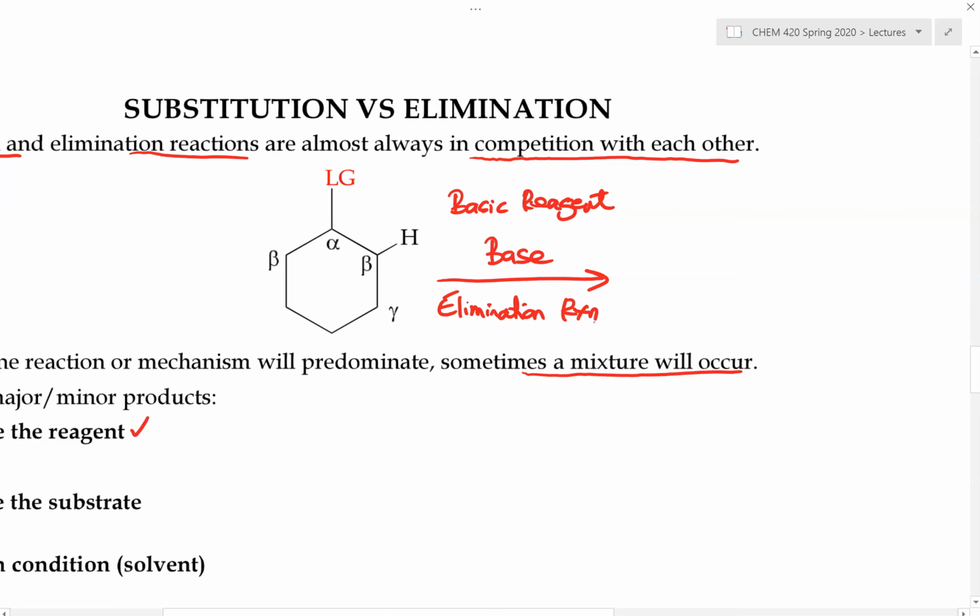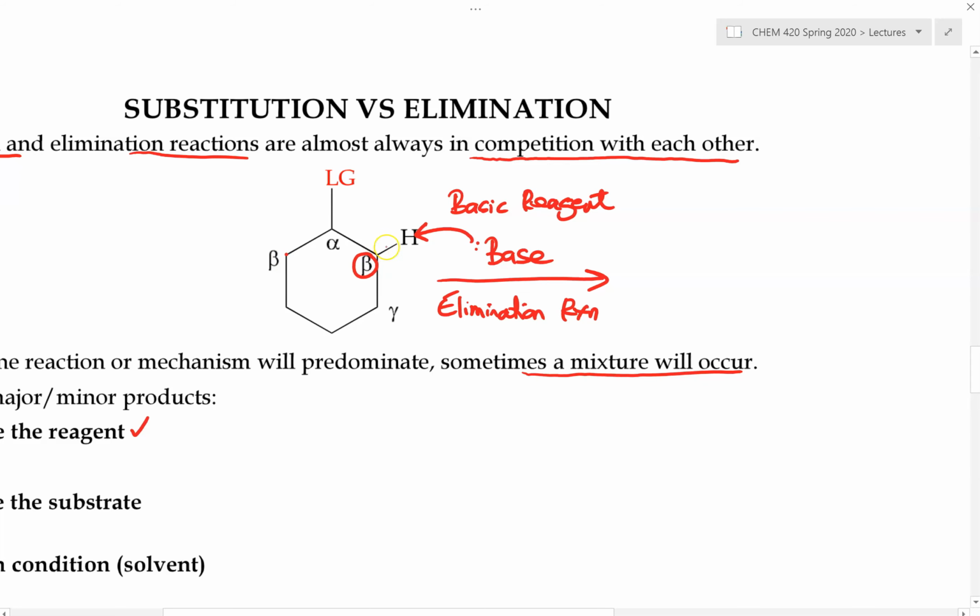If that is the case, the mechanism will proceed as follows. The base comes in and picks up one of the hydrogens at the beta location. So it will either be the hydrogen on this beta position or the hydrogen on the other beta location. This is why we also call this beta elimination.